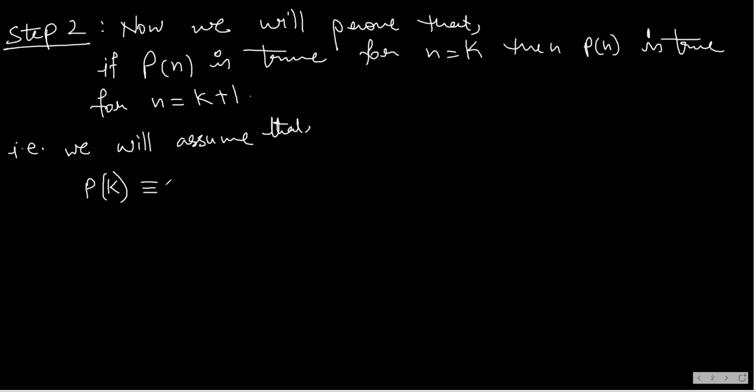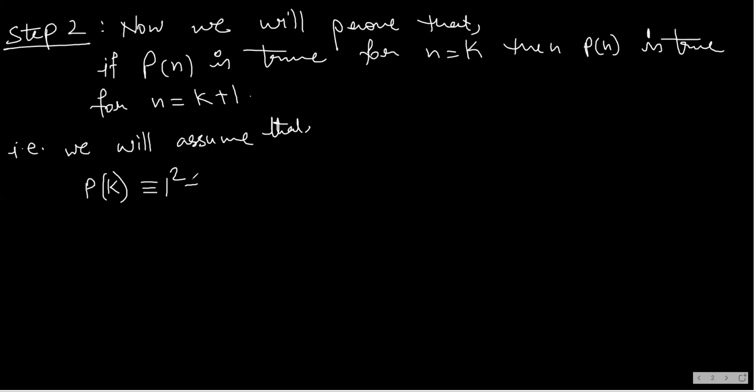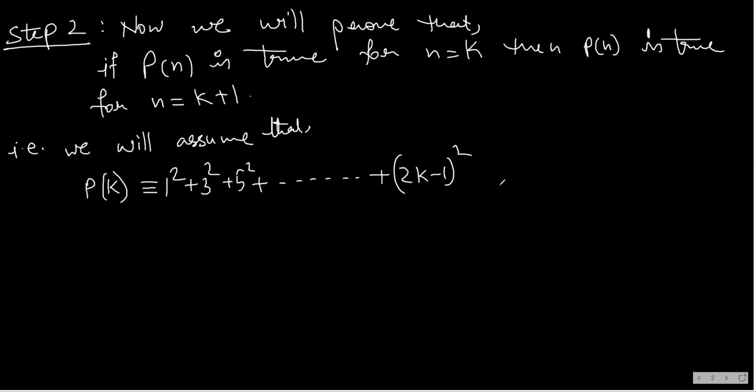P of k, which is 1 square plus 3 square plus 5 square plus dot dot dot plus 2 into k minus 1 square equals k by 3 into 2k minus 1 into 2k plus 1, which is true.